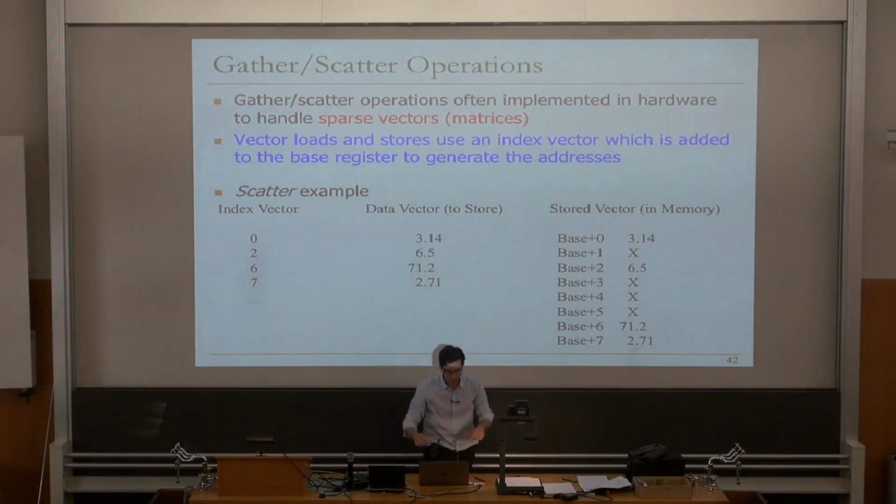What we are doing is writing. So we will write this 3.14 in base plus 0, because the first index is 0, next index is 2, so we write this 6.5 in base plus 2. Okay?